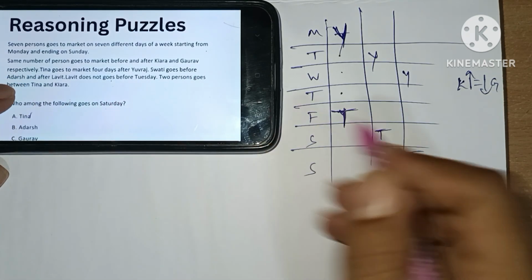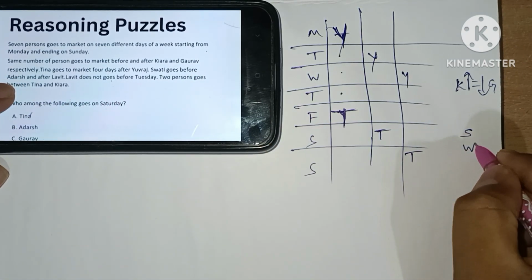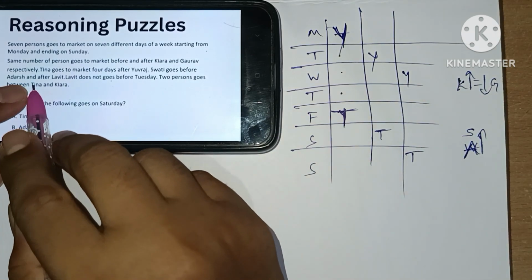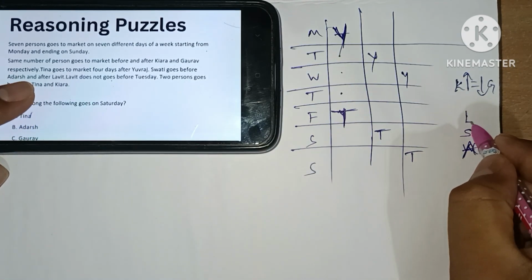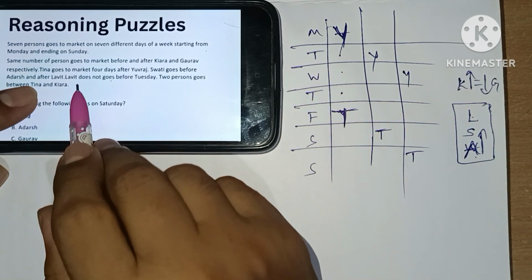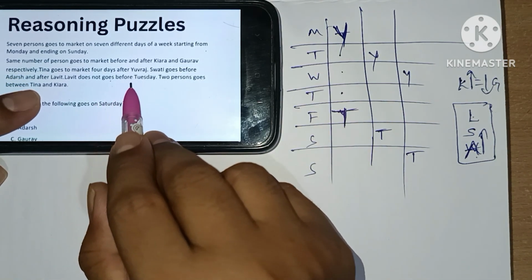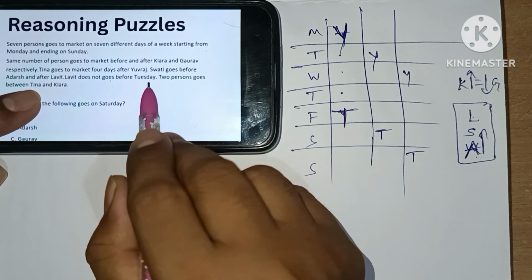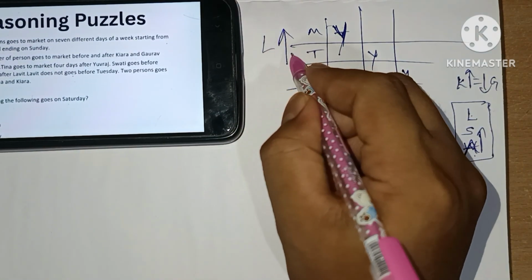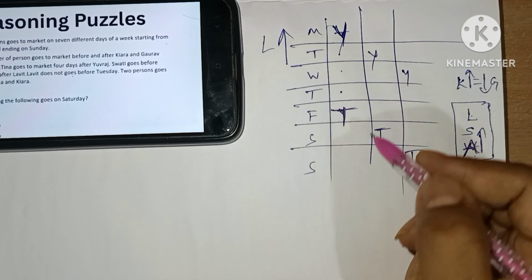Swati goes before others, and after Levit. This is the sequence, LSA. Levit does not go before Tuesday, so on Monday Levit does not go.